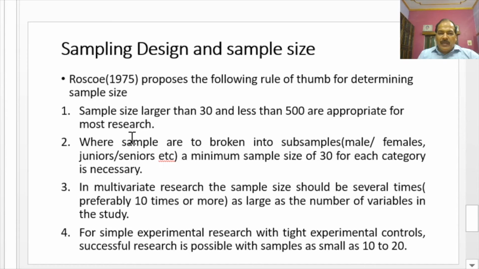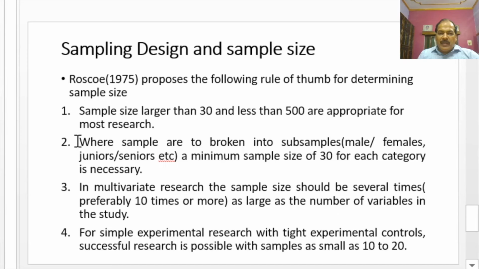The second point is that where samples are to be broken into subsamples like males, females, juniors, seniors, etc., a minimum sample size of 30 for each category is necessary.